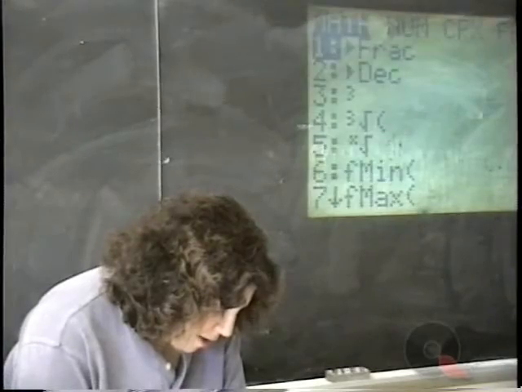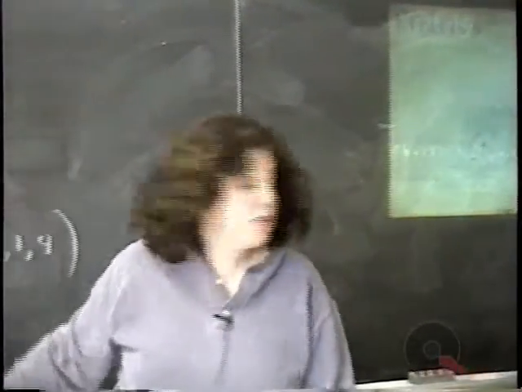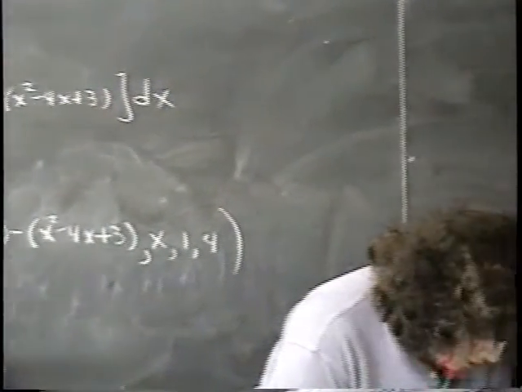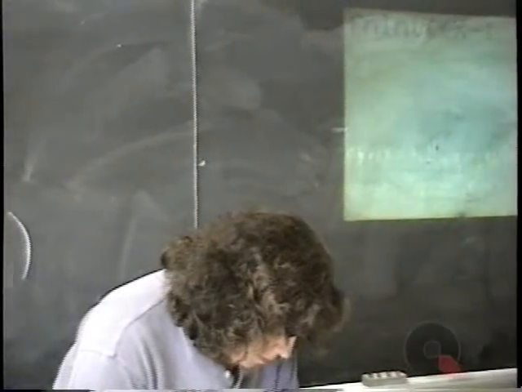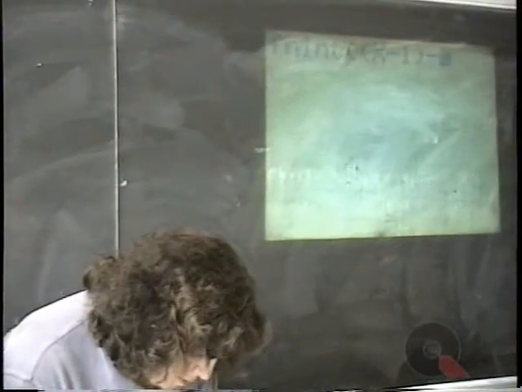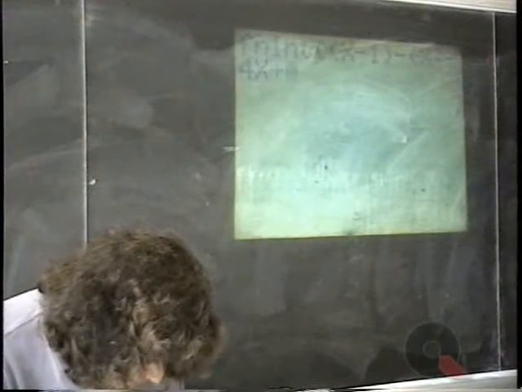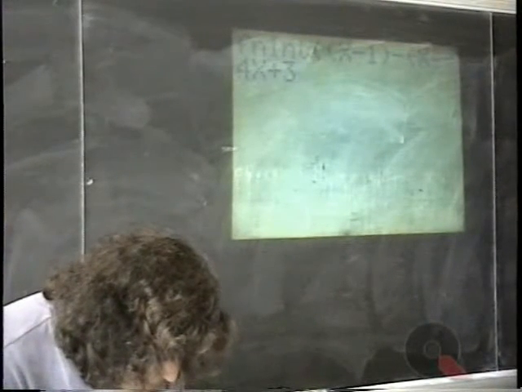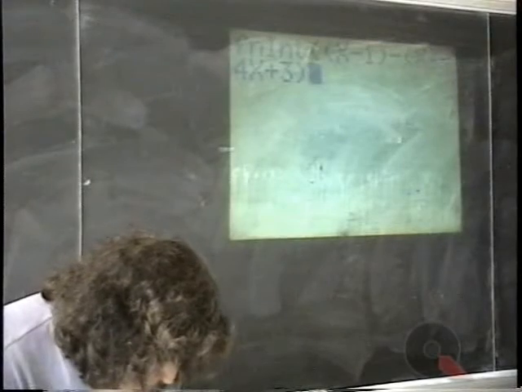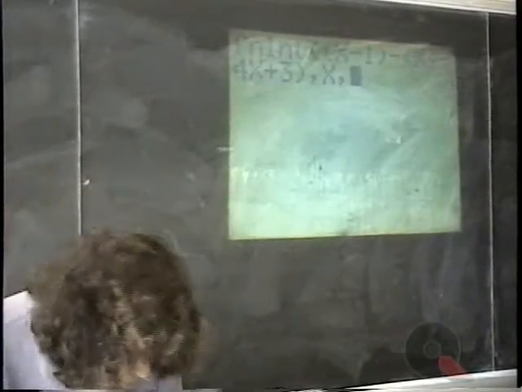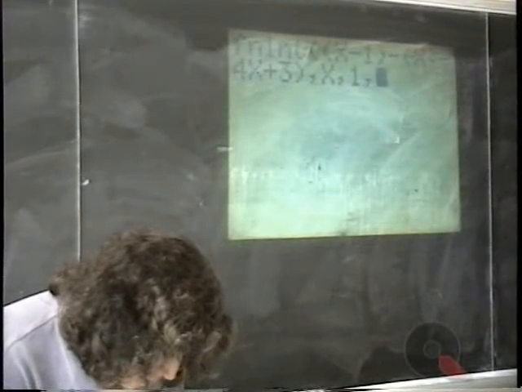I hit math and 9. Now if I'm going to do it the way that I have indicated on the board, function to be integrated, I'm going to use left parenthesis, x minus 1, right parenthesis, minus left parenthesis, x squared minus 4x plus 3, close parenthesis, comma, x, comma, 1, comma, 4.